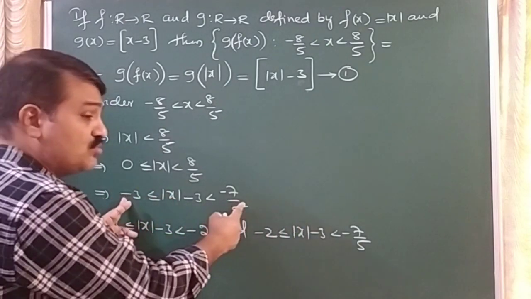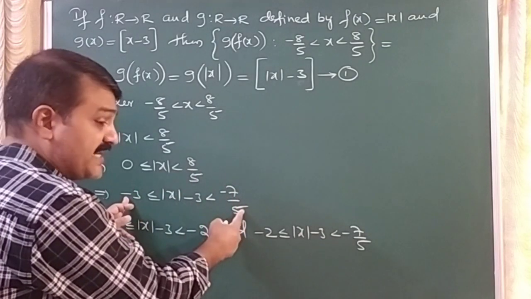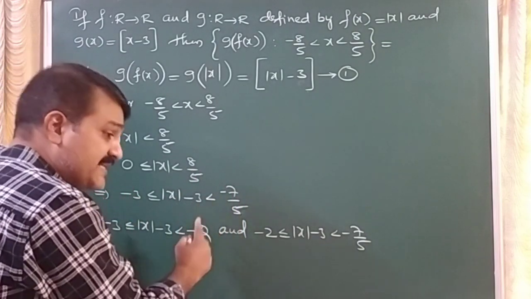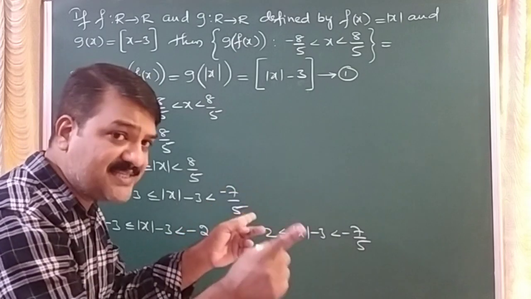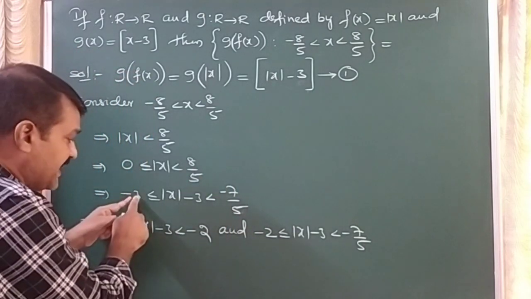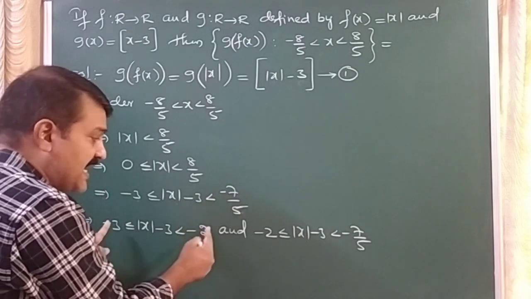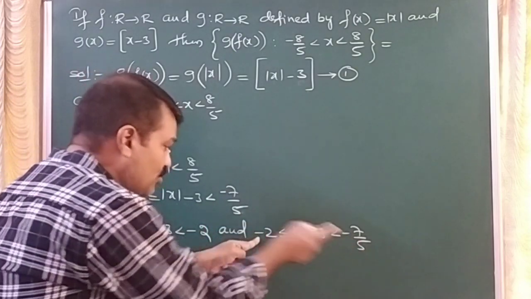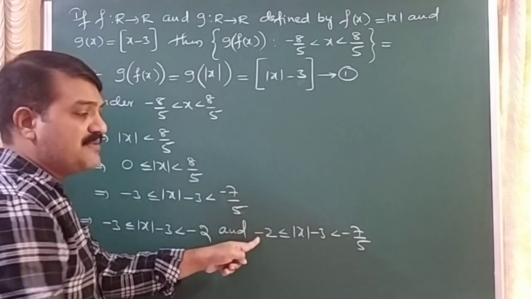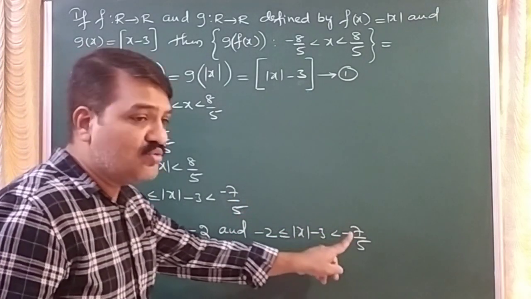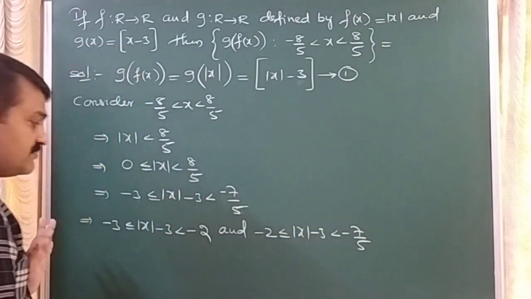What we are trying to do? We are trying to divide the total interval into intervals between two integers. So I took the interval between minus 3 and minus 2 separately, and the interval from minus 2 to minus 7 by 5 separately, minus 2 to minus 1.4.